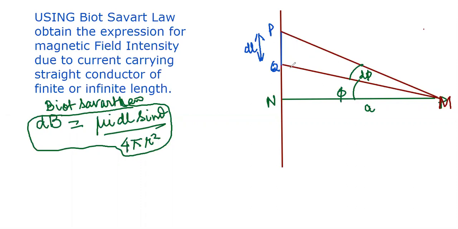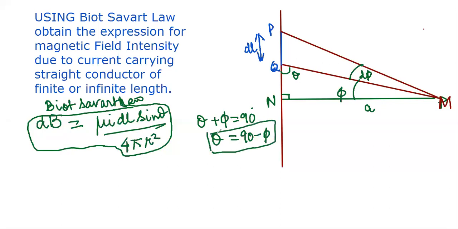From here, I can say that theta and phi maintain a relationship: theta plus phi is equal to 90 degrees. Therefore theta equals 90 minus phi.